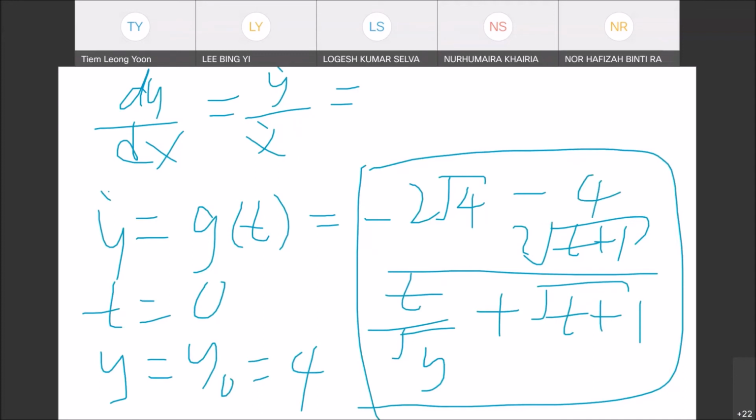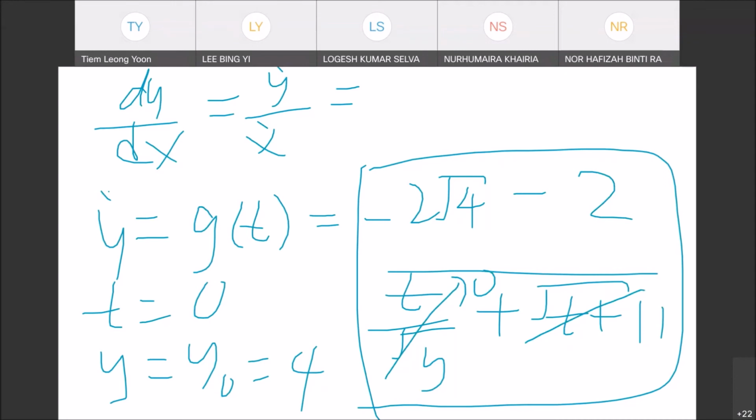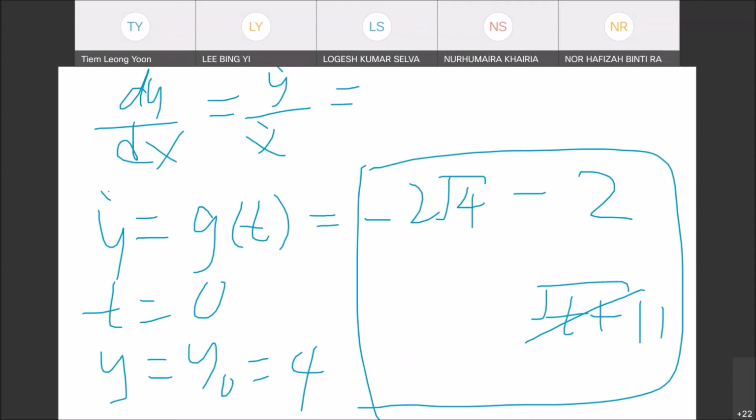When t equals 0, this becomes just 1, so this whole thing simplifies to 1. Then this factor will be equal to 2. Okay, like this. So you can do this for the rest of the t. When t equals 0, this term will just give you 0, and this term will give you 1. So finally, you have the expression for y dot when t equals 0 as this number.